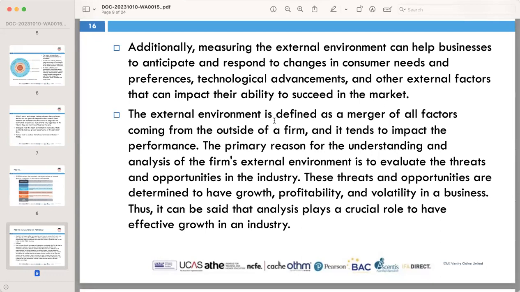So the core objective of understanding and analyzing the external environment is to evaluate the threats and opportunities within the industries. These insights are fundamental in assessing the potential for growth, profitability, and stability within the business, underscoring the critical role of analyzing in achieving effective growth in the industry.